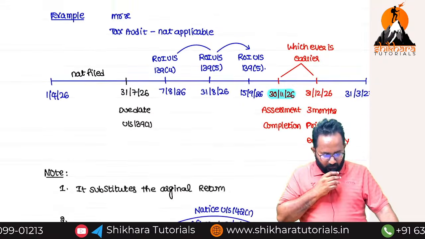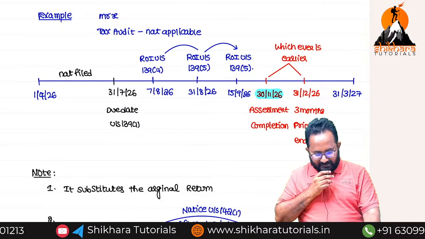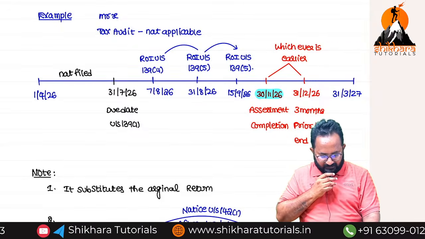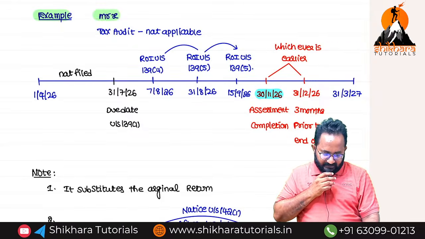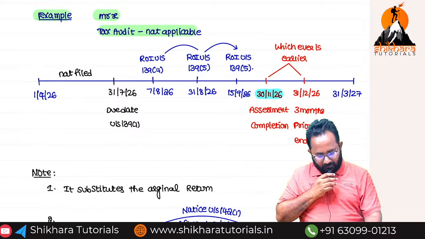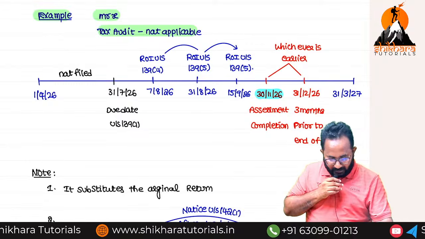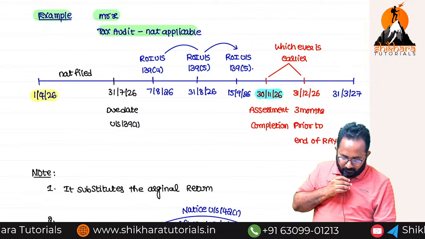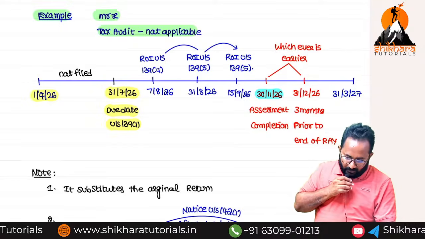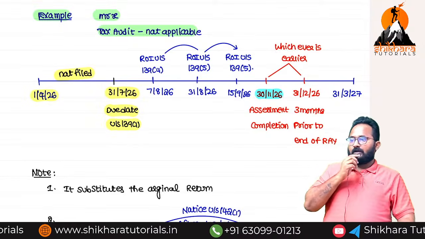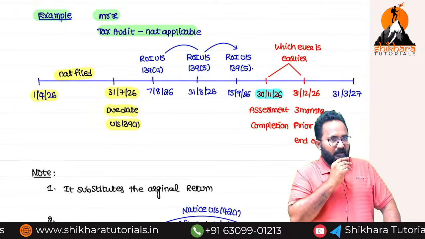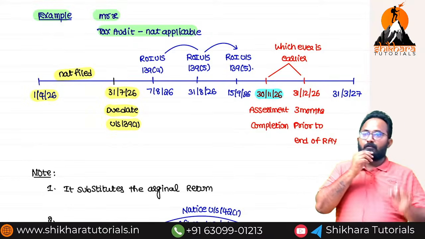Now, I will tell you one example only for better understanding of this revised return concept. Mr. X, tax audit is applicable or not applicable? Not applicable. If tax audit is not applicable, what is the due date? 31st. Whether you filed or not filed? Not filed. If you do not file the original return, you have to file the belated return.